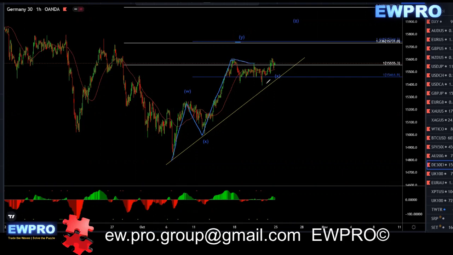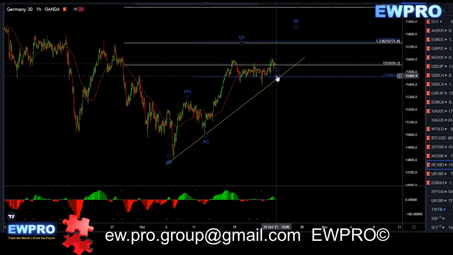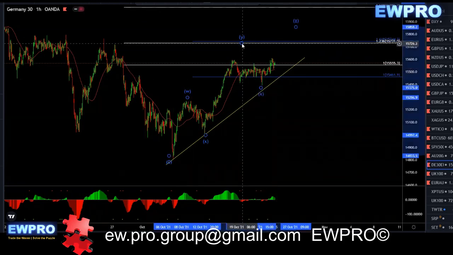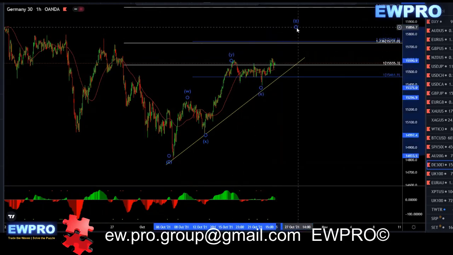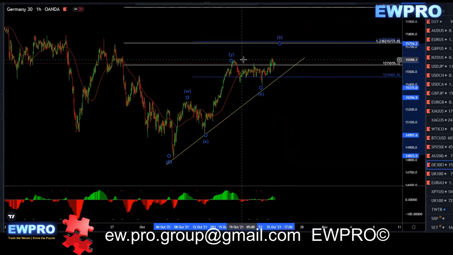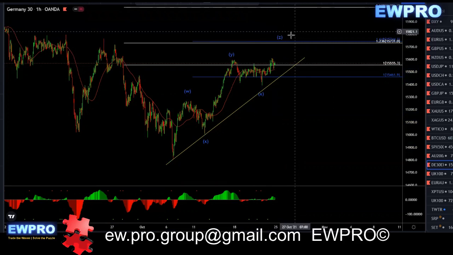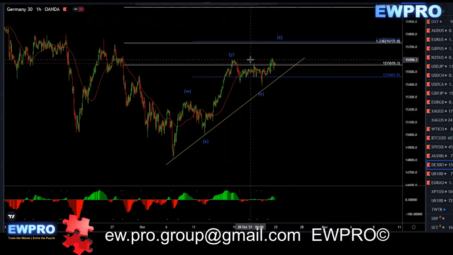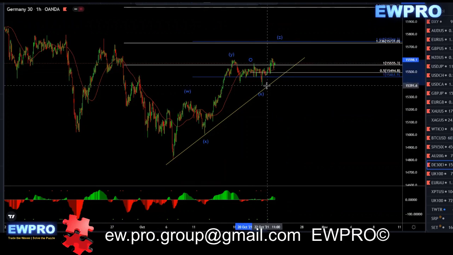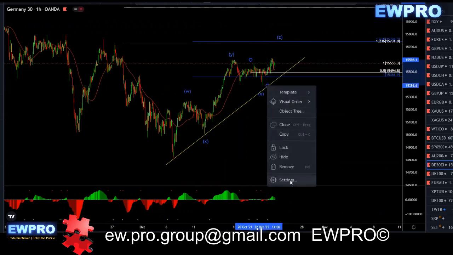So we got X2 here. And then we got the Z up. We're getting that Z up. It's broken the top. So if you're in this trade, you can trade it, but you just have to be very careful.